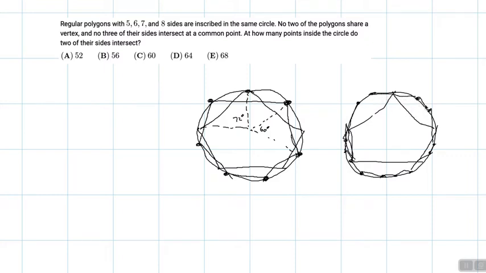So this shape, and let's just say this shape on the outside with a lot of vertices is regular. This clearly has a central angle that's much smaller than that of the pentagon.